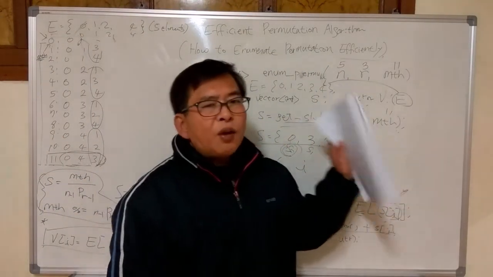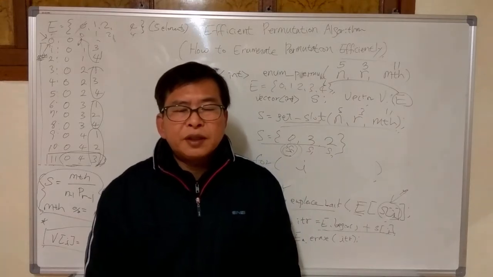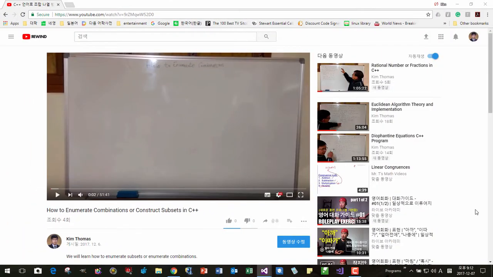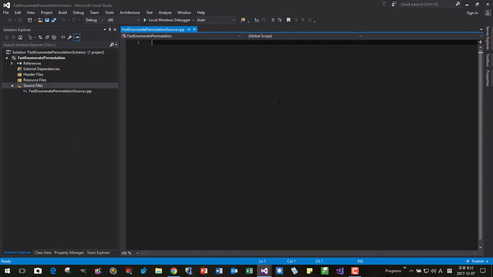Now I will move to my desktop, and I will code all these things in C++. If you haven't watched my video about how to enumerate combinations or subsets, how to construct subsets in C++, please watch that video. I created an empty solution, fast enumerate permutation.